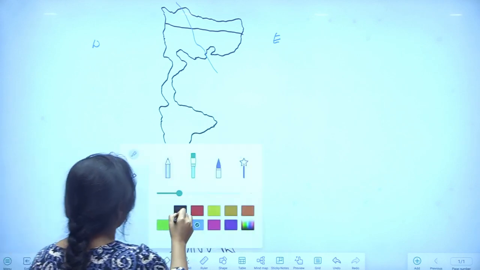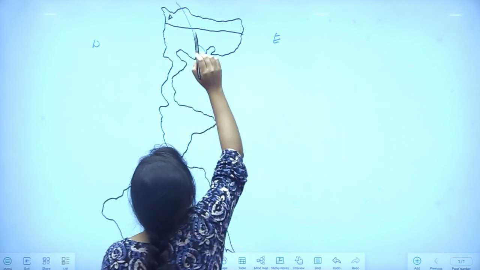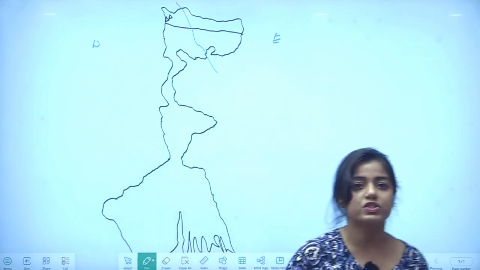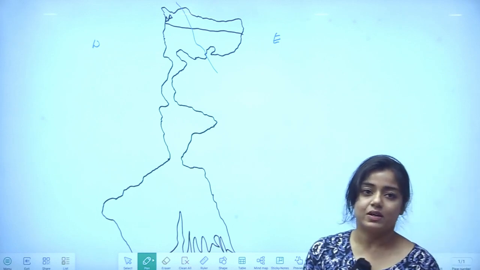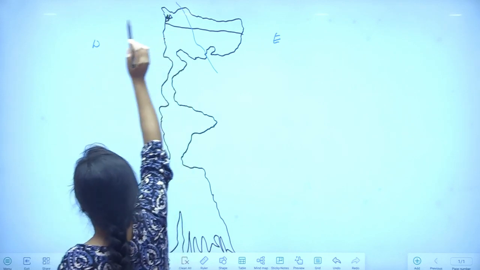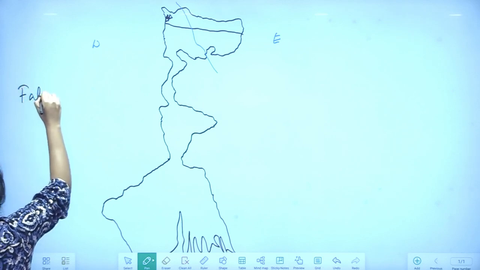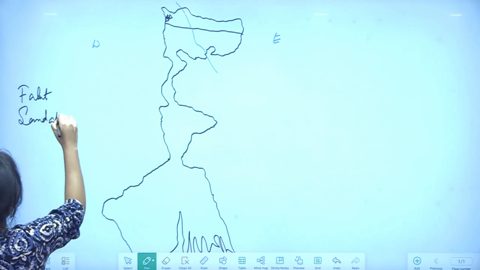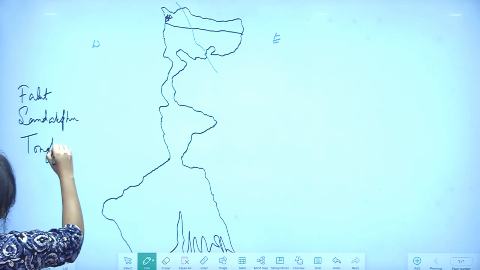The number 1 range is, which is actually near the border. Range is a group of mountains, as we know, which is near the border. That range is Singalila range. Now Singalila range has many important mountains, and the sequence is Falut, Sandakphu, Tonglu.